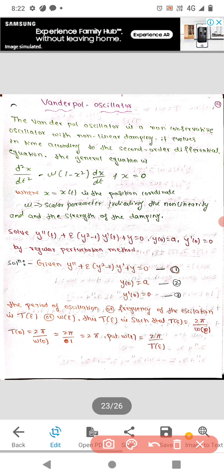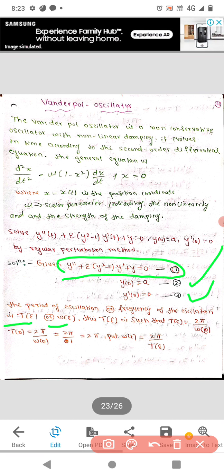First, collect the data. y double dash plus epsilon (y squared minus 1) y dash plus y is equal to 0 is equation 1, with y of 0 equal to a and y dash of 0 equal to 0. So this is equation 3. Now the period of the solution, or frequency of oscillation, we call T of epsilon or omega of epsilon.